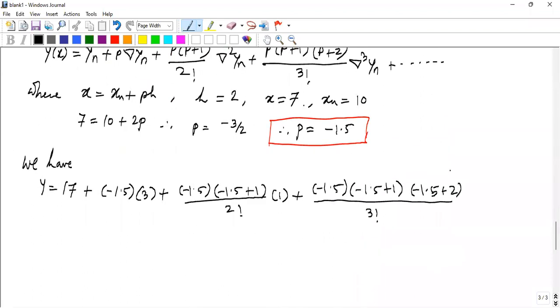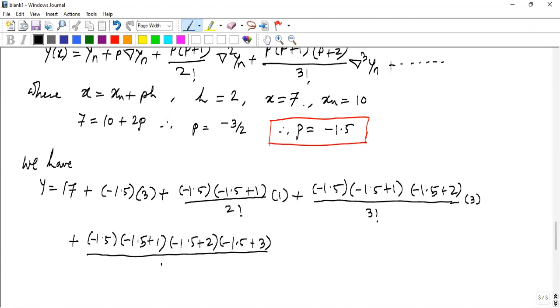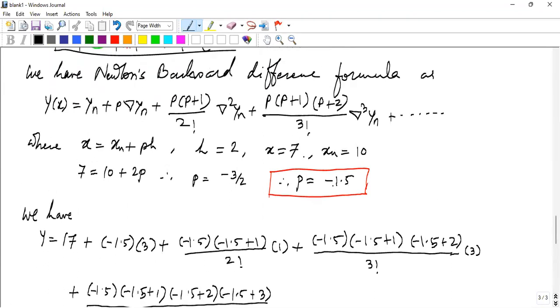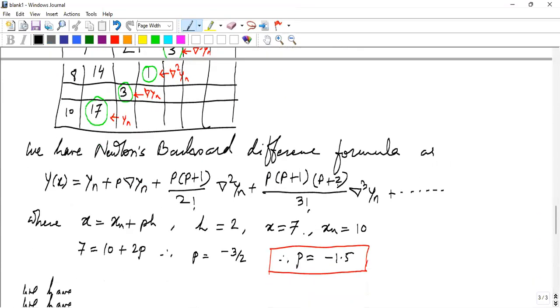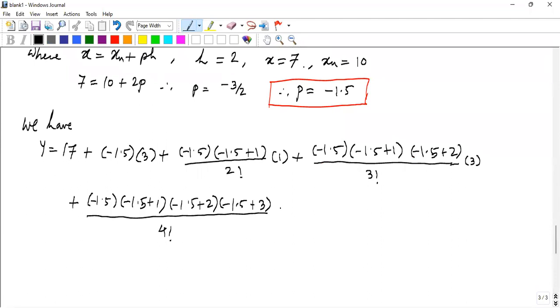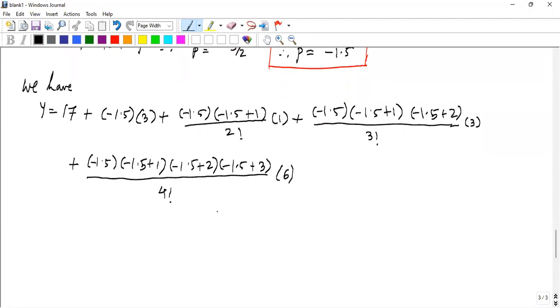So del cube yn is going to be 3. Plus we have minus 1.5 into minus 1.5 plus 1 into minus 1.5 plus 2 into minus 1.5 plus 3 by 4 factorial. And here we have del raised to 4, which is 6. So we got here 6. Okay.